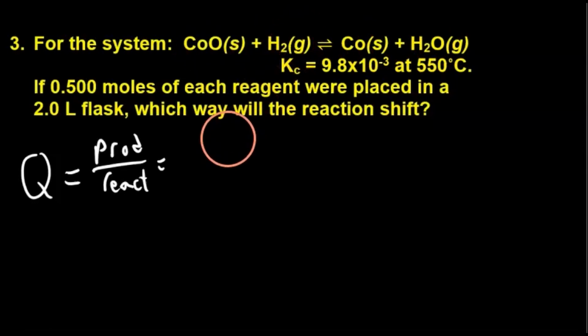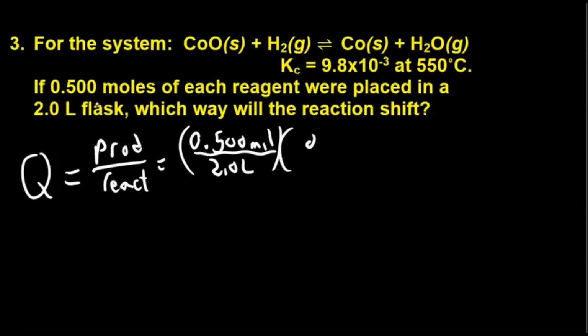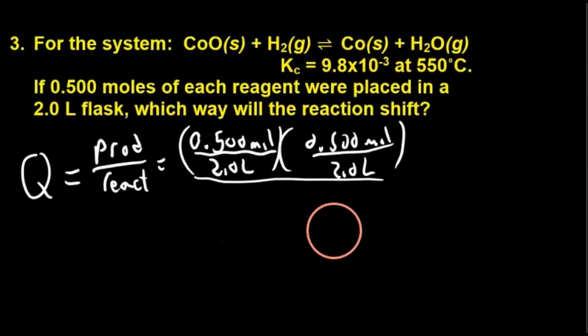What a lot of students will do is they see the moles of each one and they see the flask, and they right away calculate the molarity: 0.500 moles over 2.0 liters for each reagent, for the products, and do the same thing for the reactants.